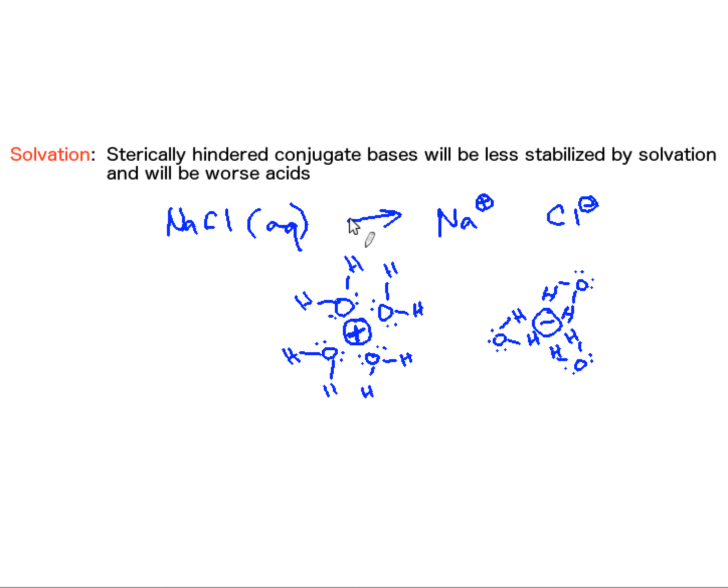Now, how does this pertain to acidity? Well, you might have already seen it. Often with acidity, we're forming negatively charged conjugate bases, and we've already talked a lot about how if you can stabilize that conjugate base, you end up with a better acid. So let's take an example of a couple of alcohols.